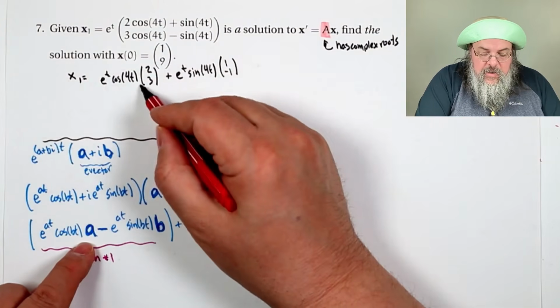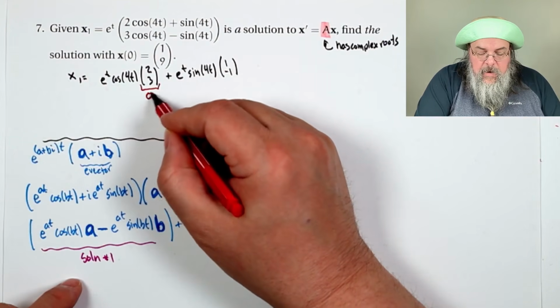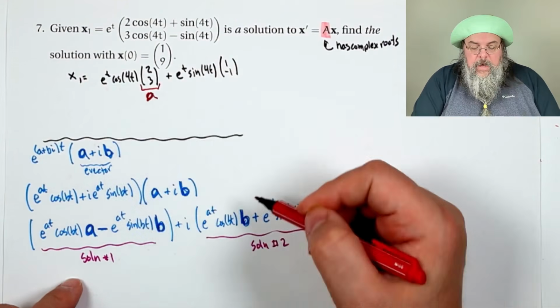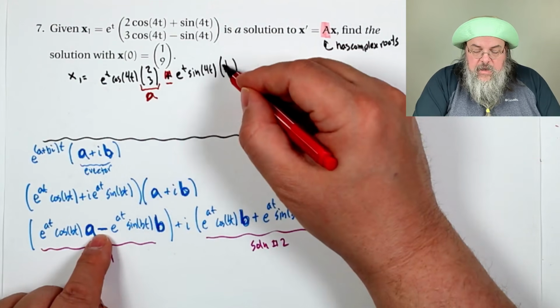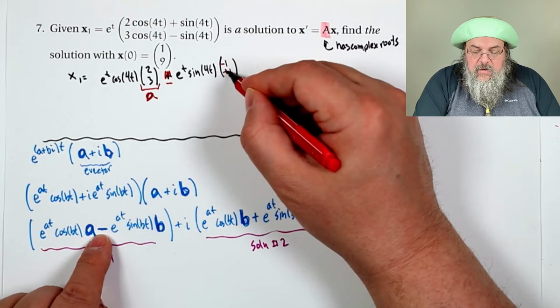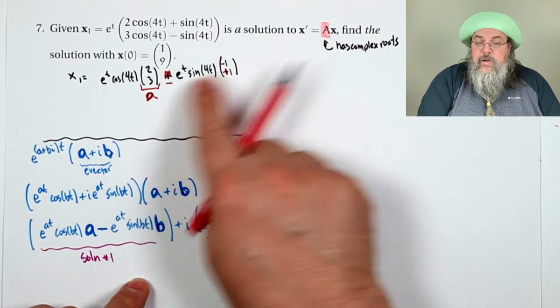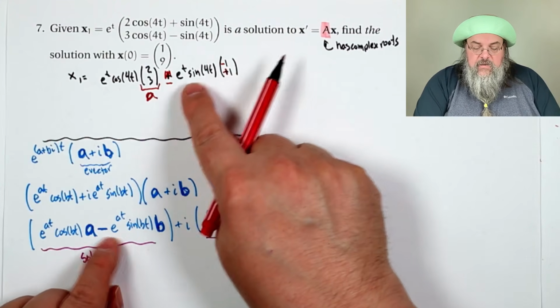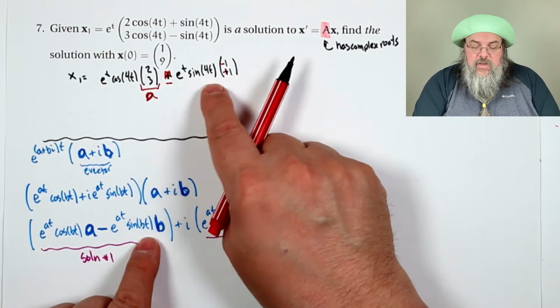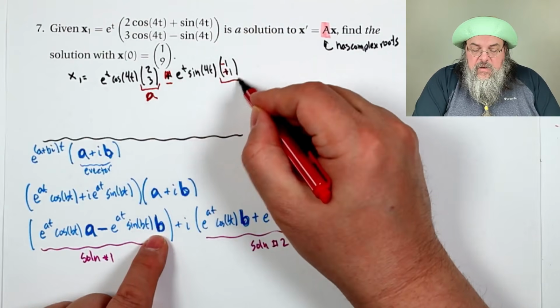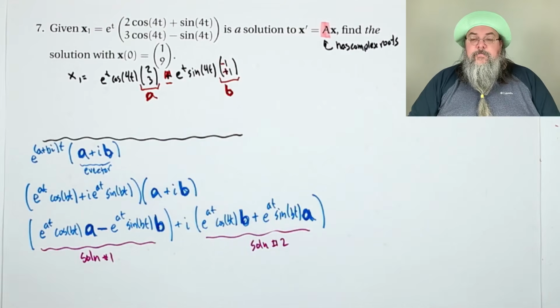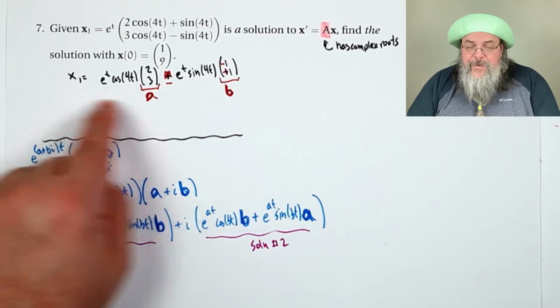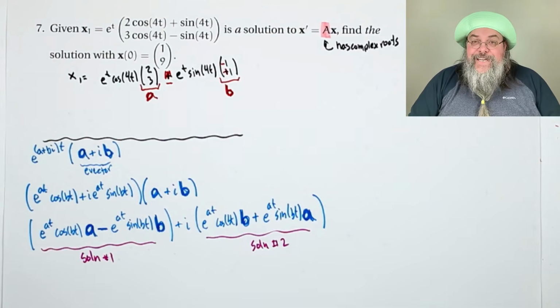So this part right here is a. Now I want to make a minus. So I'm going to change this plus to a minus, and I'm just going to flip the signs on the inside. That's allowed, right? So I'm putting a minus in. So minus e to the at sine bt, and this part is b. So there's first solution. What's second solution?